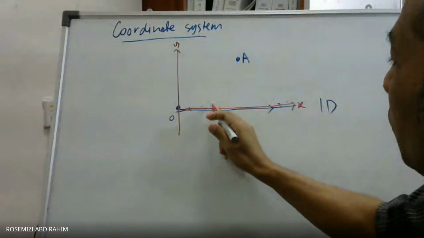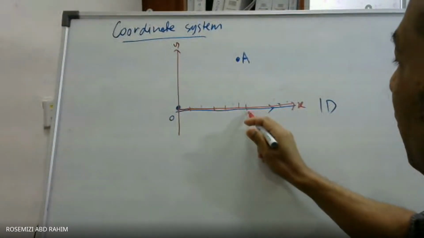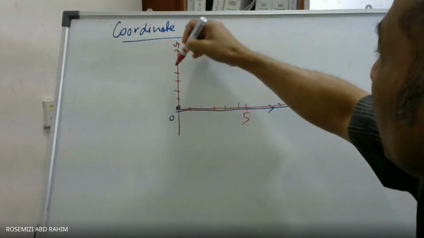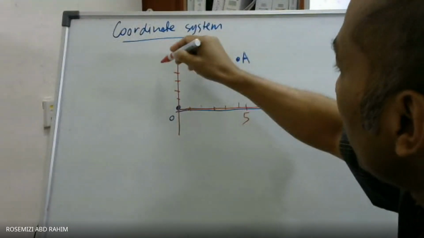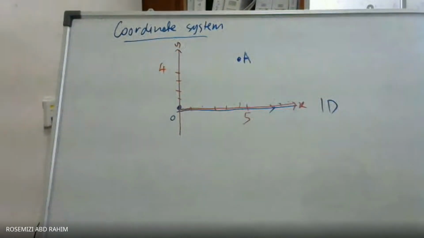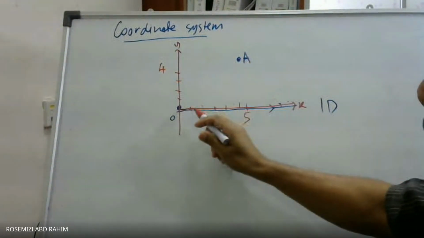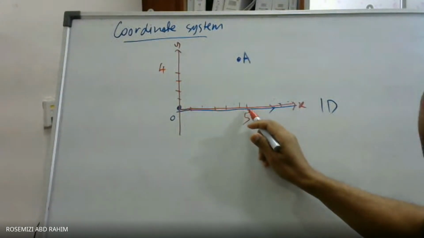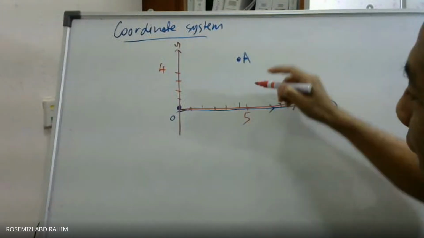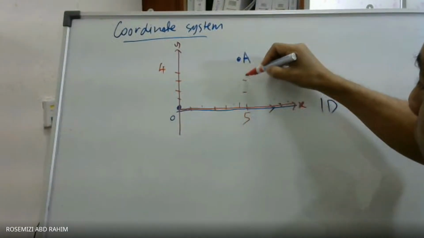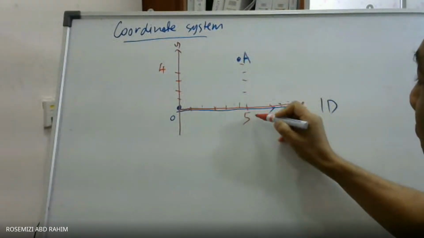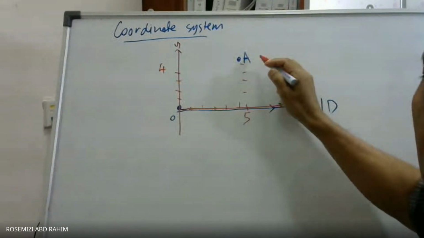1, 2, 3, 4, 5. 5. 1, 2, 3, 4. Okay, 4. The location for A is 5 on the x-axis and 4 on the y-axis.